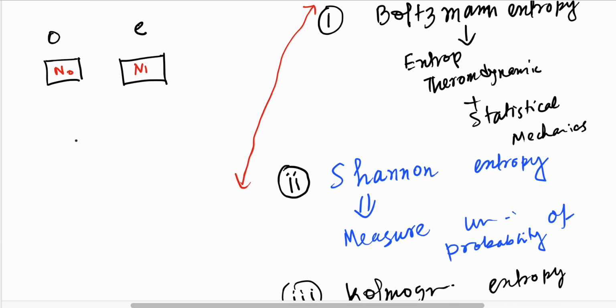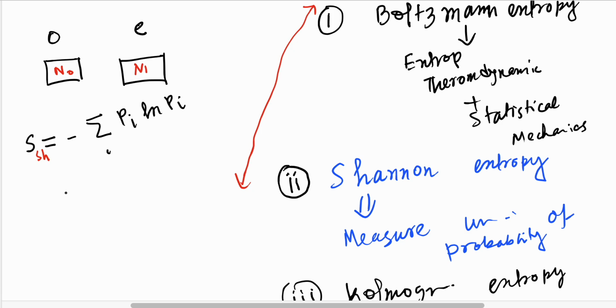The formula of Shannon entropy, S_H, is nothing but the summation of pi ln pi.